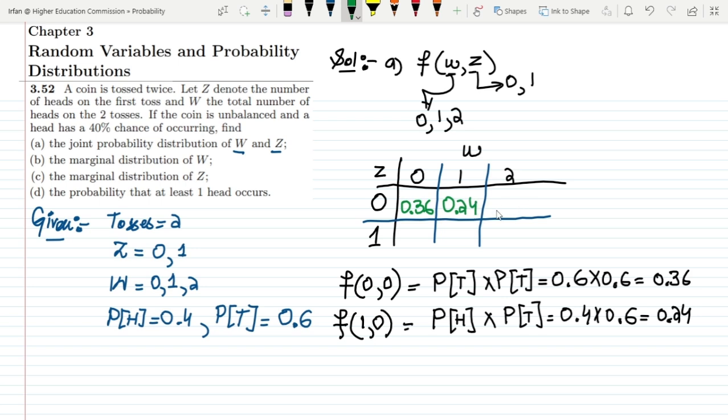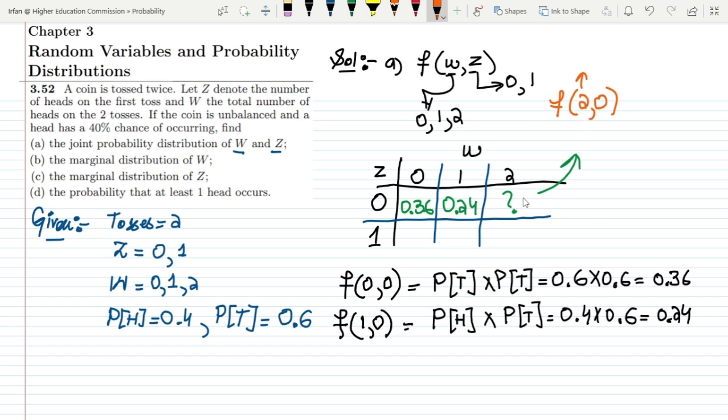Now this one is not possible. Why is it not possible? Because it is saying that the total number of heads is equal to 2, while in the first toss we have got 0 heads. So it is not possible, because in the second trial we cannot get a cumulative 2 heads.